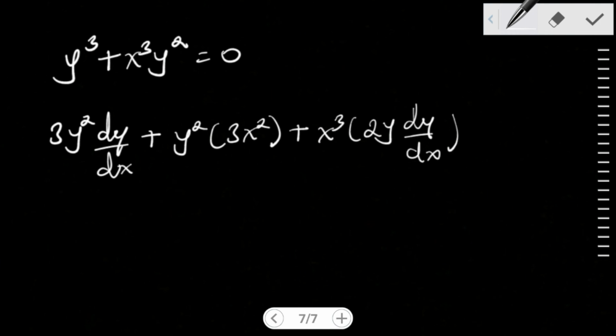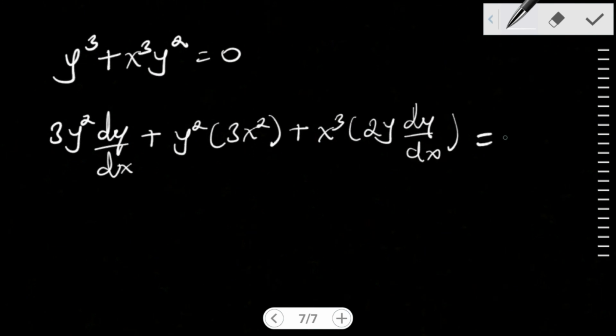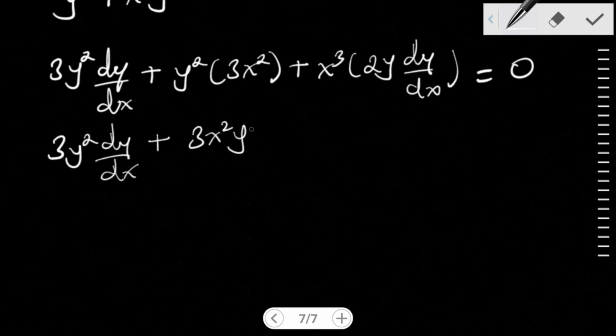So put this together, this would be equals to 0, of course. So this is going to be 3y squared dy dx plus 3x squared y squared plus 2y x cubed dy dx, this would be equals to 0.